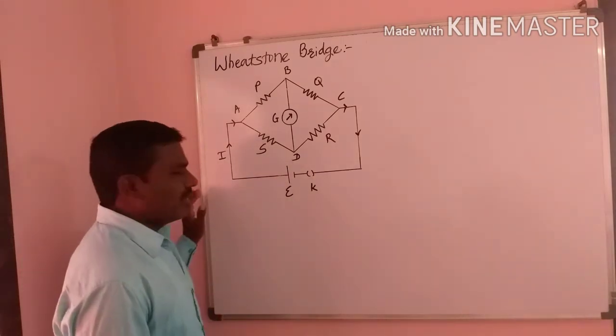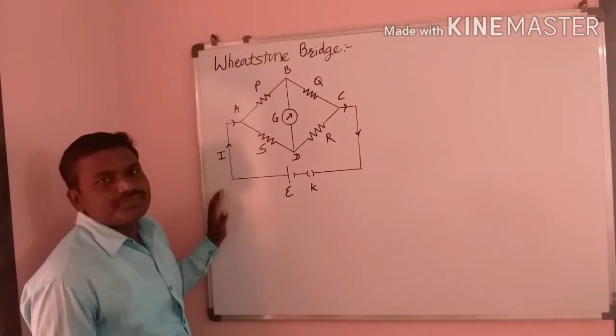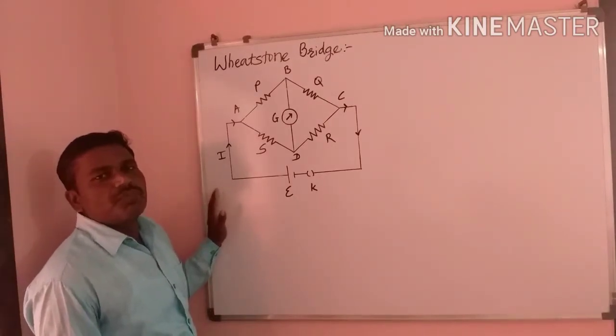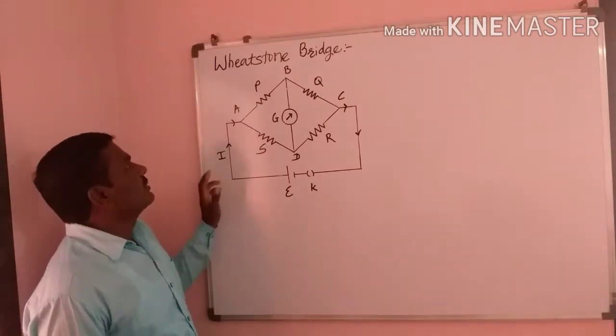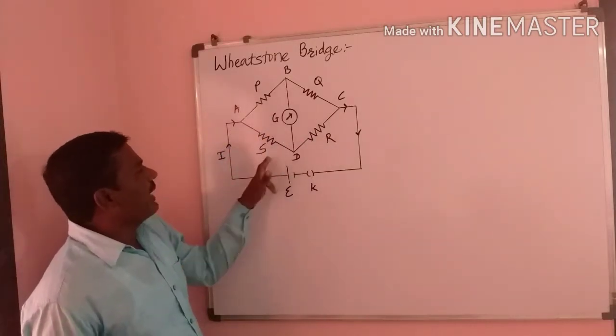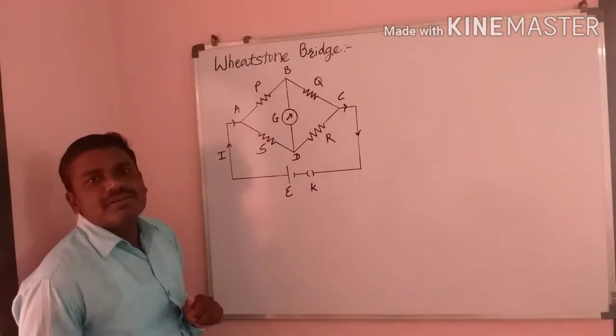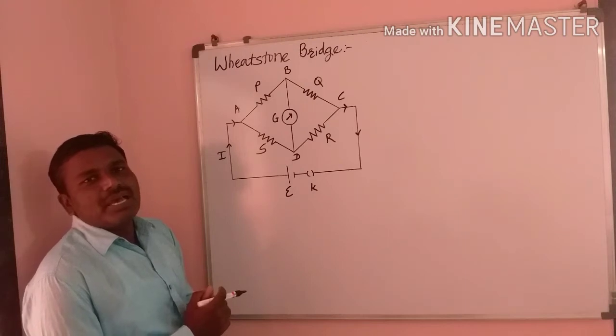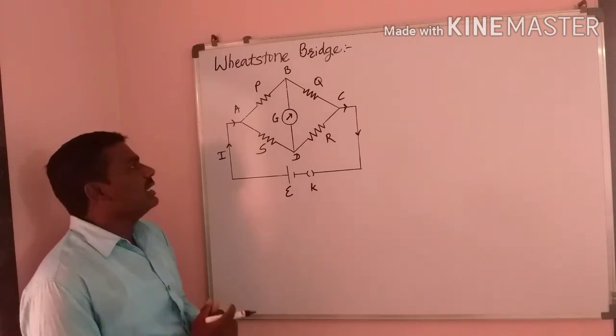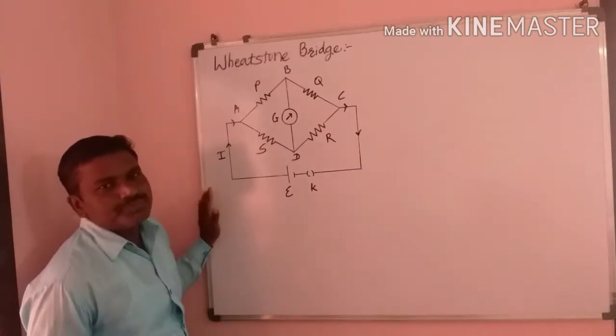Consider four resistors, suppose P, Q, R, S, in a quadrilateral ABCD, which is shown in the diagram.